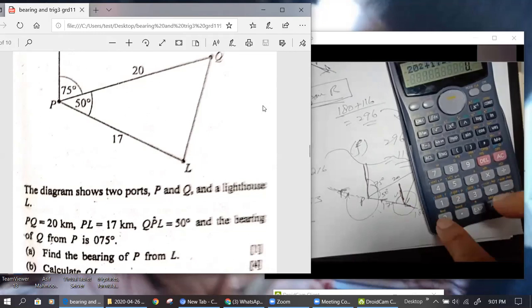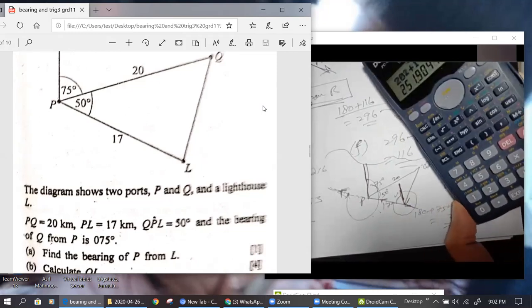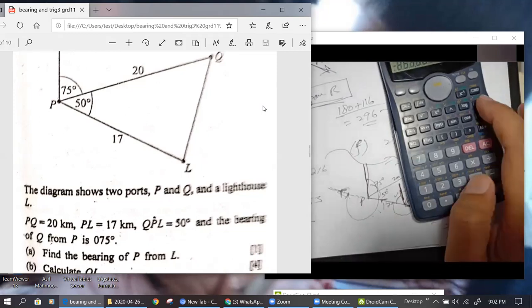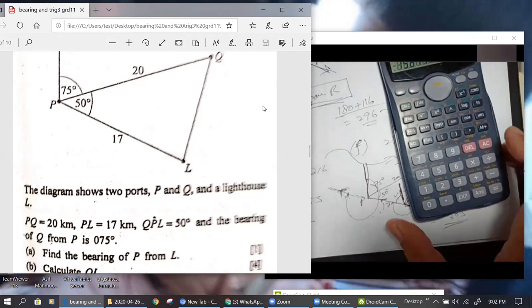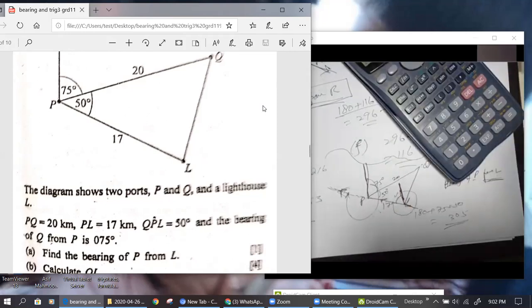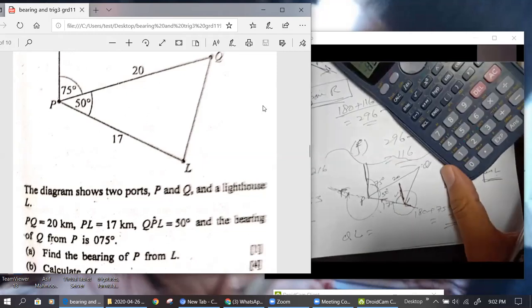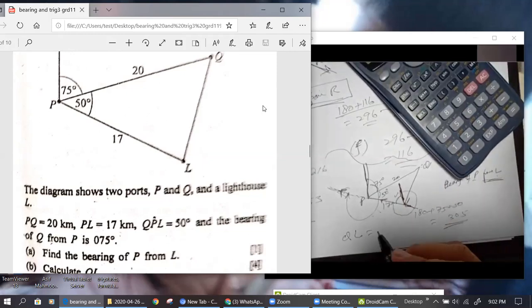That gives 251.90. Take the square root, and you get 15.87. 15.87 is your answer. It is correct.